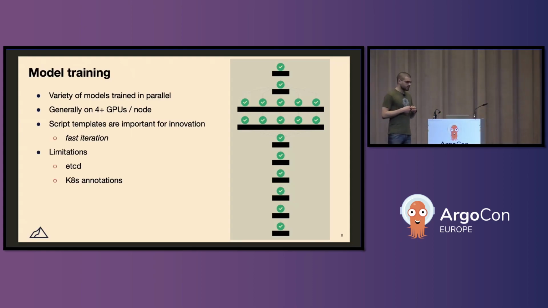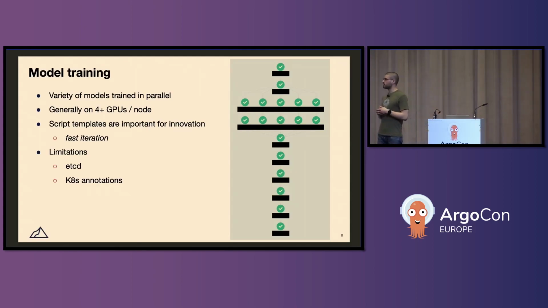And I want to emphasize that a lot of our workflows are actually based around script templates. And script templates are incredibly important at Dyno Therapeutics because they offer us a giant opportunity for innovation. Because you can change script templates really, really quick. You don't have to rely on your integration system to create a template and then use it in your workflow.